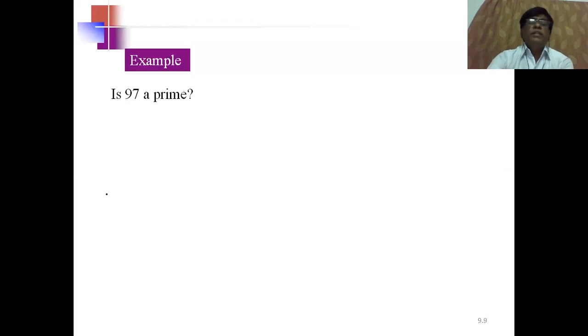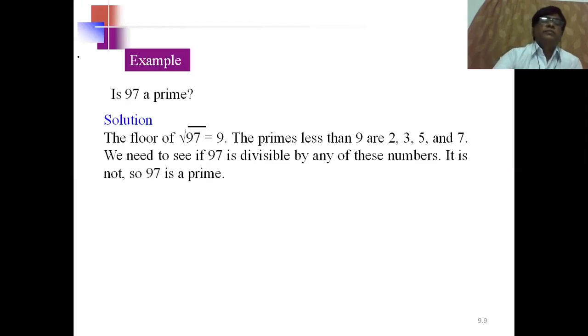Now check whether 97 is prime or not. How to check? To check whether this number 97 is prime or not, first of all you have to find out the floor value of the square root of 97. The floor of the square root of 97 is 9, because 9 nines are 81.